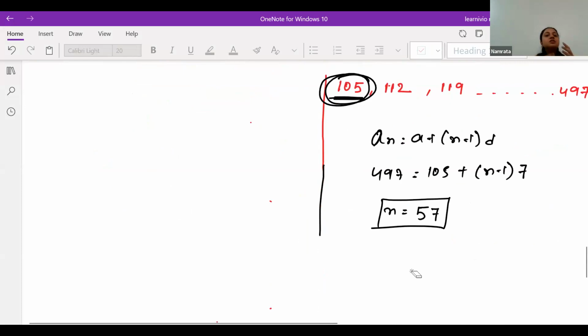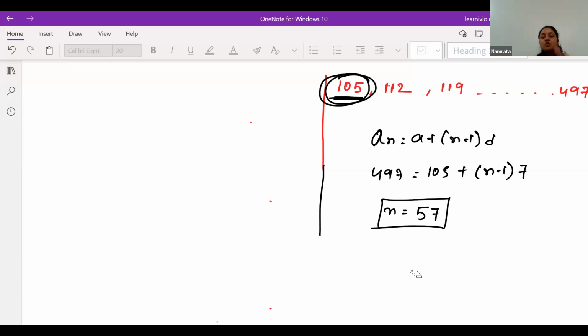Maybe 5 numbers, 10 numbers, 15 numbers, or 20 numbers in this 57 are divisible by 21 also, which we need to exclude, right? Yes, ma'am. So let's see how many numbers are there in between 100 to 500 which are divisible by 21. Whatever number we get from there, we will exclude it from 57. Getting it?